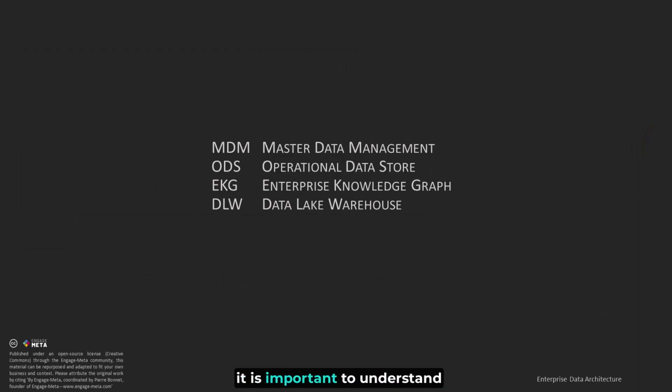In conclusion, it is important to understand the significance of the four types of repositories that I've just presented: master data management, operational data store, enterprise knowledge graph, and data lake warehouse. They complement the operational databases of the silos and are based on the shared enterprise ontology.